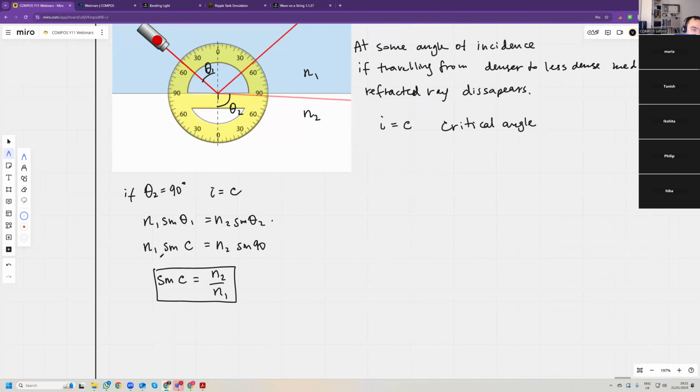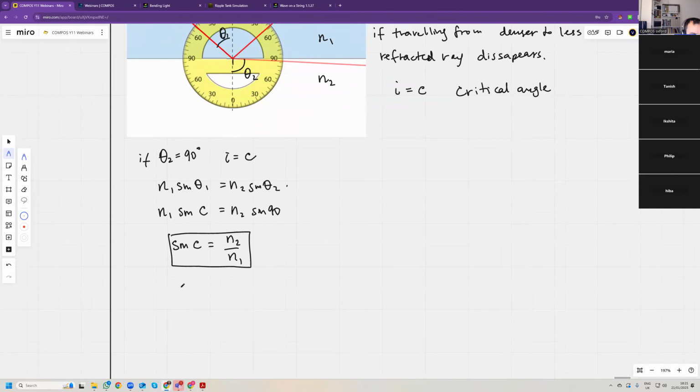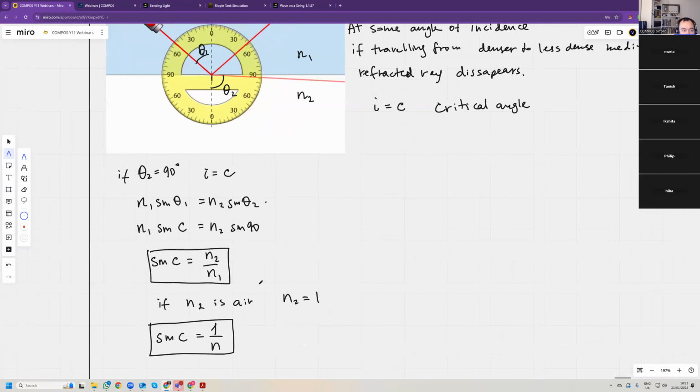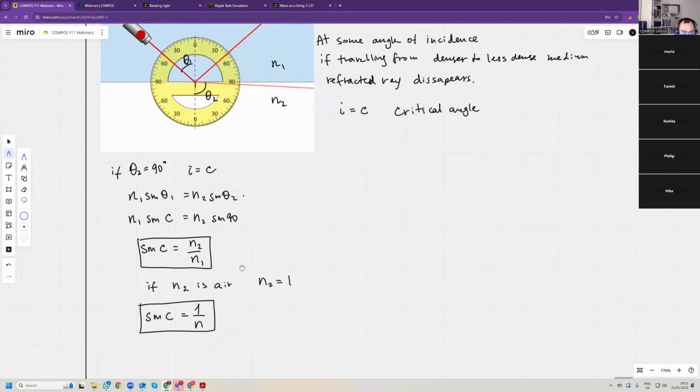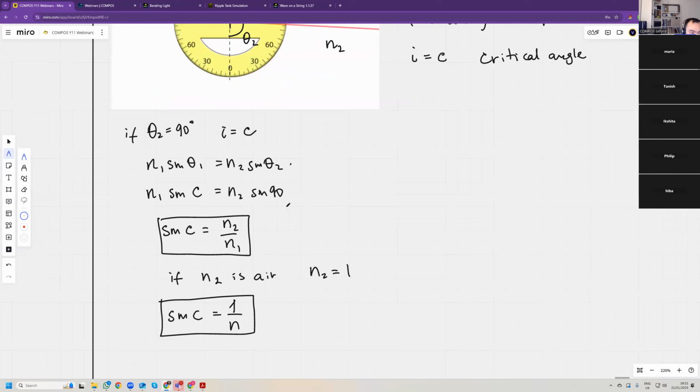Right? If N2 is air, and air is 1, then sine C is equal to 1 over N, where N1 is the denser material.